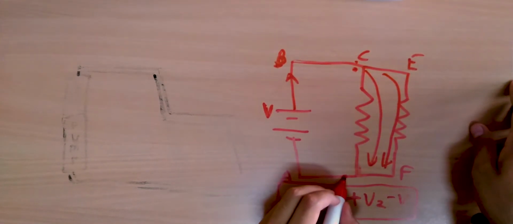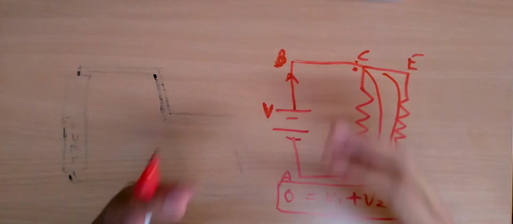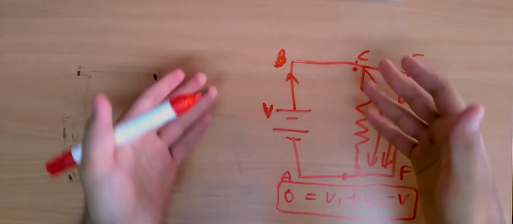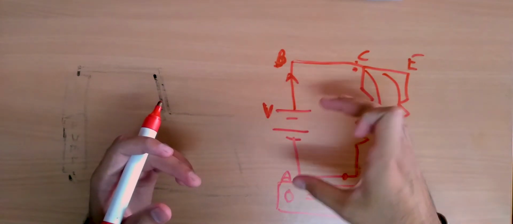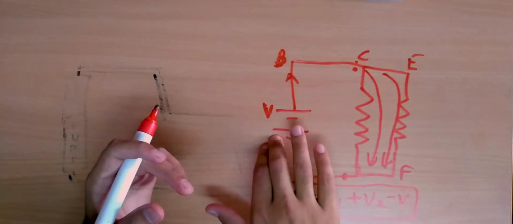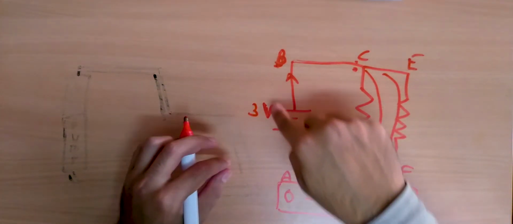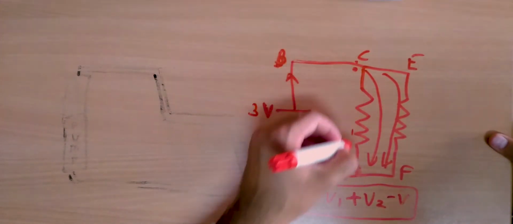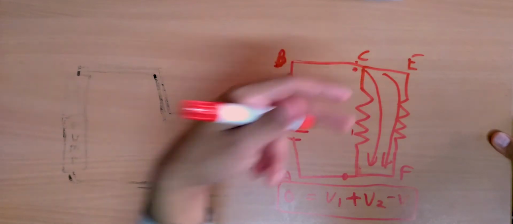If the end point at which it reaches is the same, the potential energy lost by that electron has to be the same. And again, we've also seen that every coulomb of charge has to lose an equal amount of energy that it gained from the battery. So if this is a 3-volt battery, it has to lose those 3 volts, and it doesn't matter if it moves through this section of the circuit, it has to lose those 3 joules of energy for every coulomb.